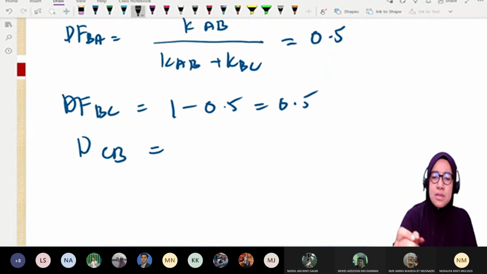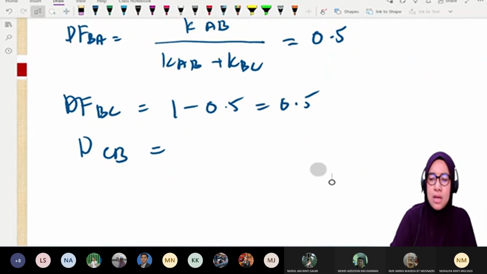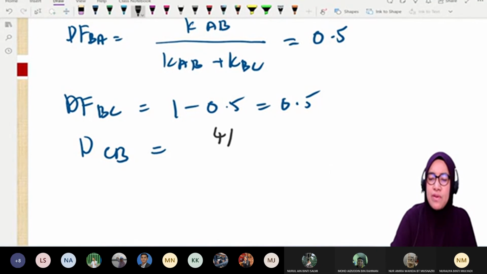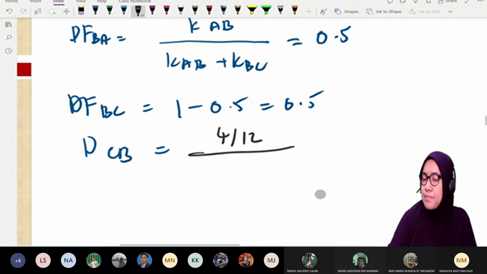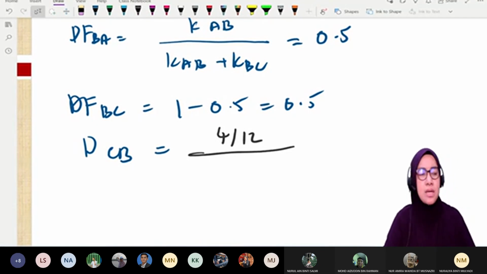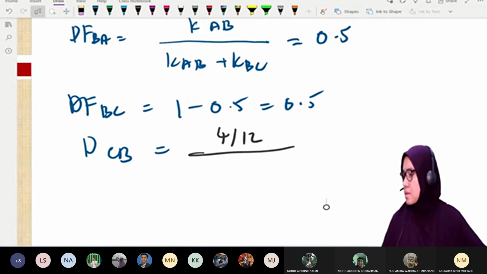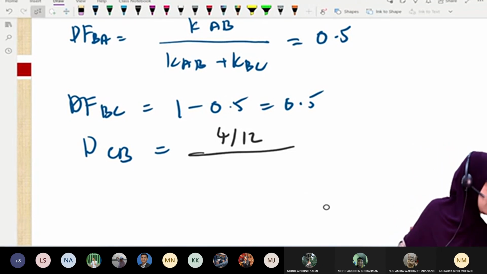So CB is 4 divided by 12 divided by 8. Let me total it with a calculator. Where is my calculator?